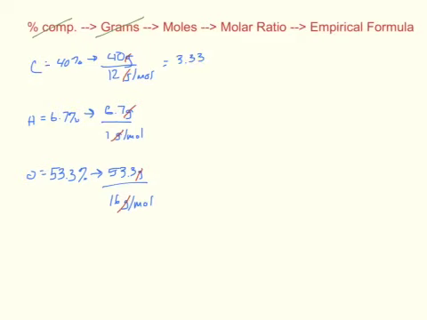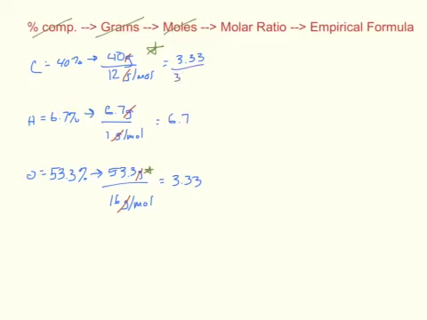3.33 moles of carbon. Hydrogen ends up being 6.7 moles, and oxygen, lucky us, ends up being 3.33. Now notice oxygen and carbon have the exact same numbers, which is great, which means our ratios are going to be easier to calculate.